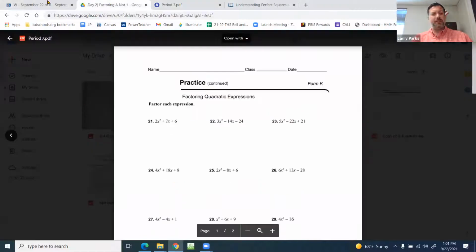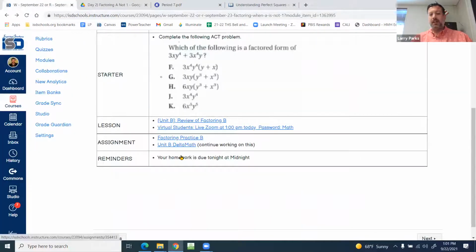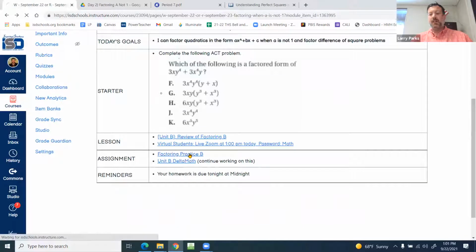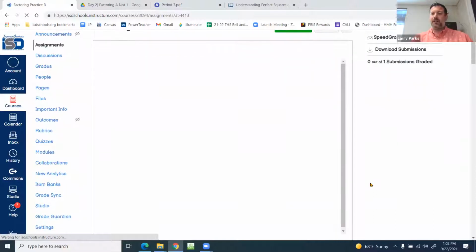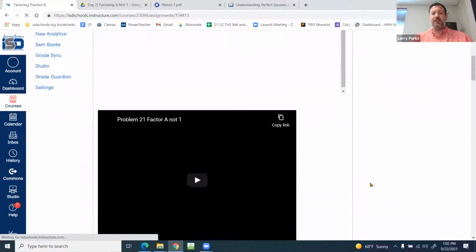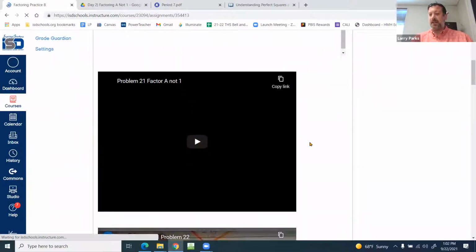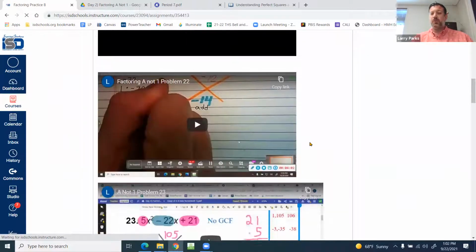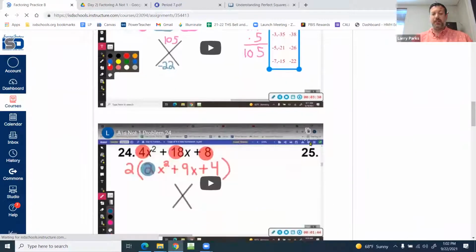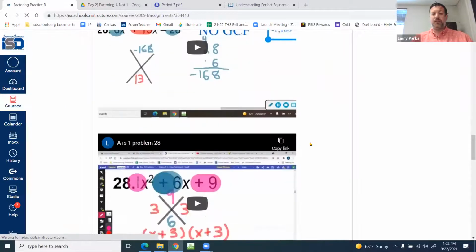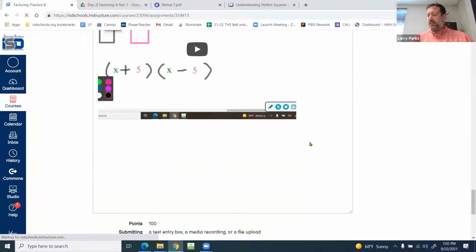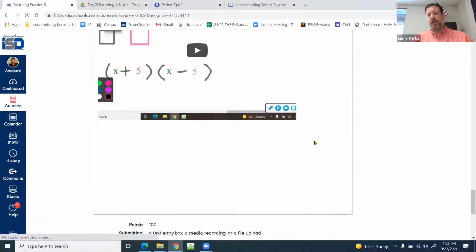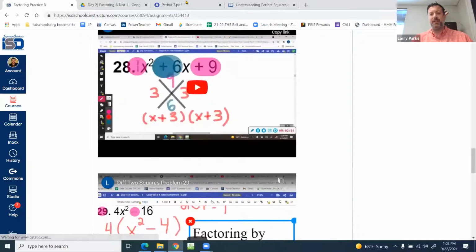Just as a reminder, underneath this practice, I have worked through so many problems already. I have already done problem number 21, 22, 23, 24, 26, 28, 29, and 32. And so I tried to choose 4 problems that I have not done yet.